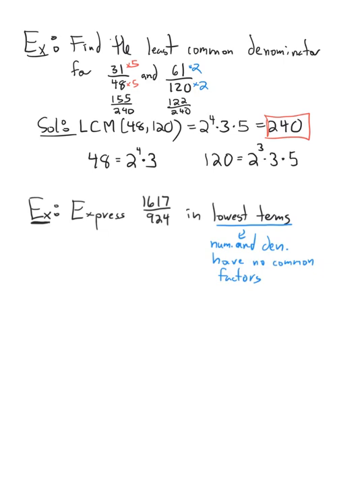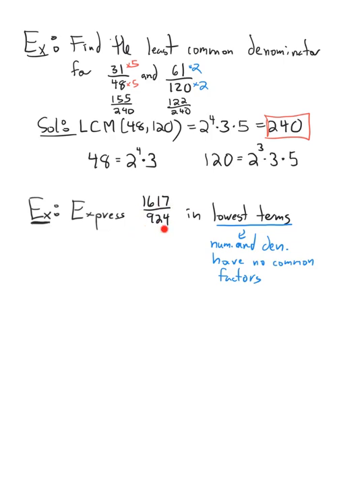So, again, thinking about things we've learned previously, pause the video now and think if you can come up with a plan for solving this. Okay, so what we need to do is figure out the common factors of 1,617 and 924, but not all of them.